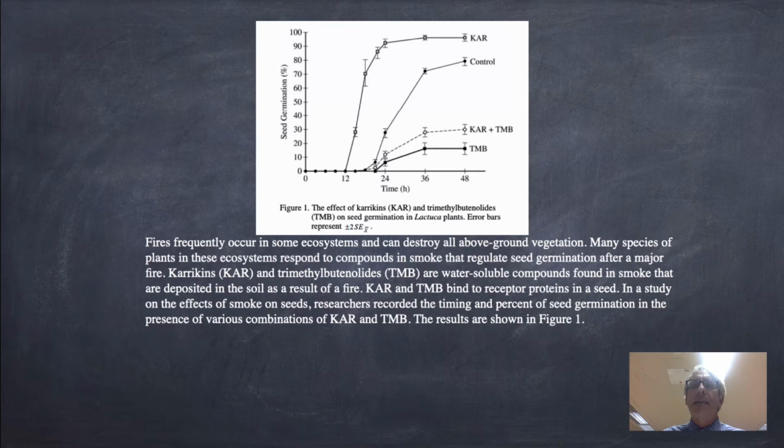KAR and TMB bind to receptor proteins in a seed. In a study on the effects of smoke on seeds, researchers recorded the timing and percent of seed germination in the presence of various combinations of KAR and TMB. The results are shown in Figure 1.